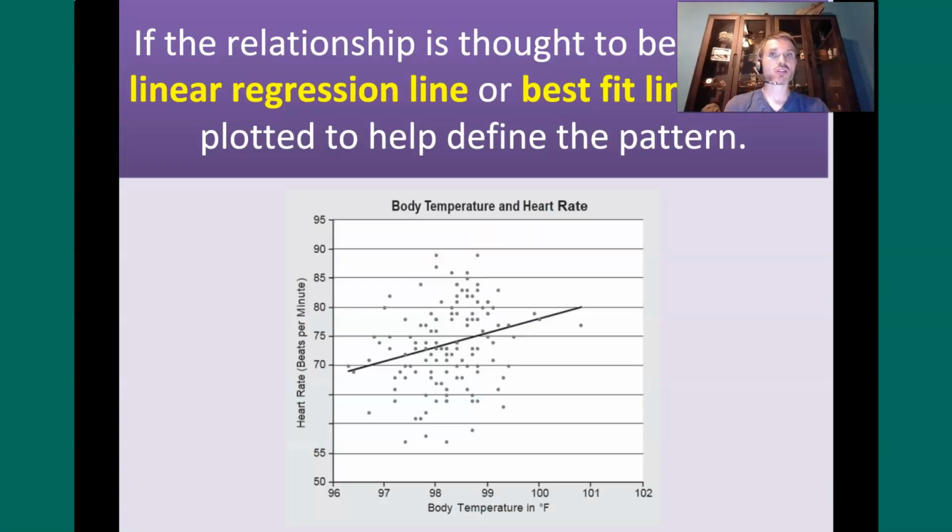If it looks like there's a relationship between the two variables, I will ask you to draw a line of linear regression, which is also called a line of best fit. And really what that helps us do is it helps us define what that pattern that we see is. A lot of the times we'll ask the computer to do this because it's less biased than our eyes are.